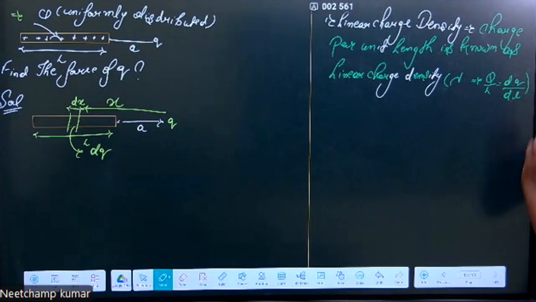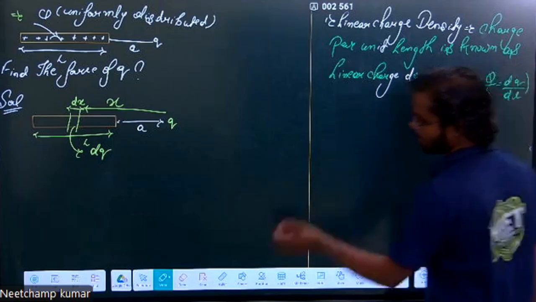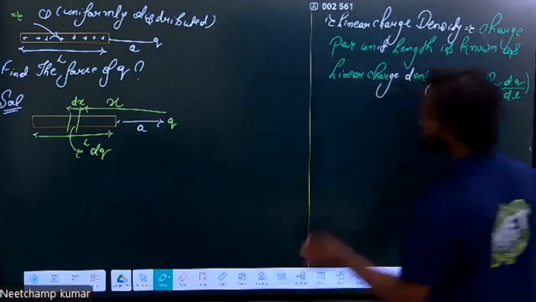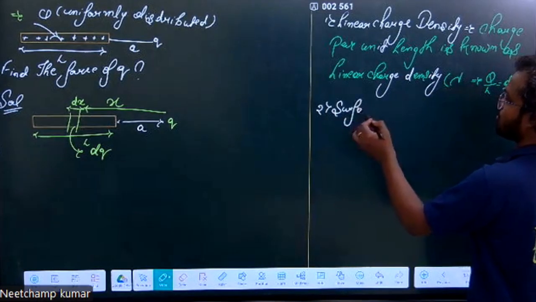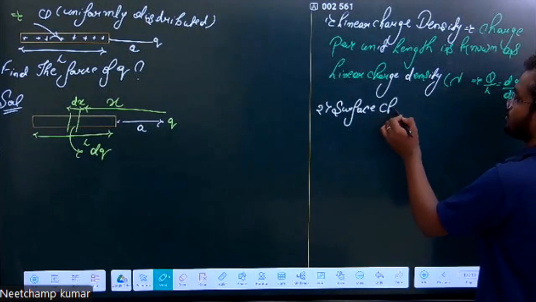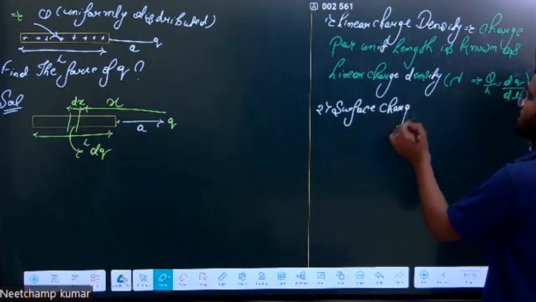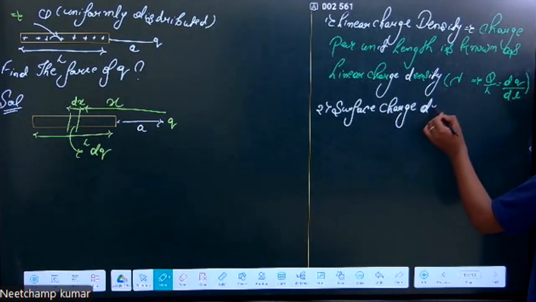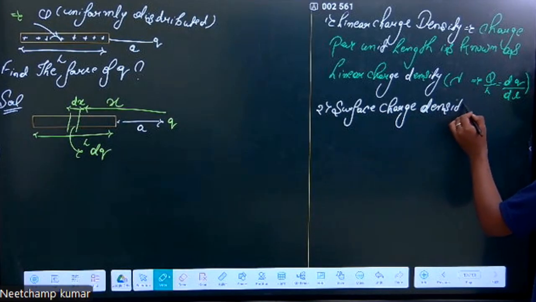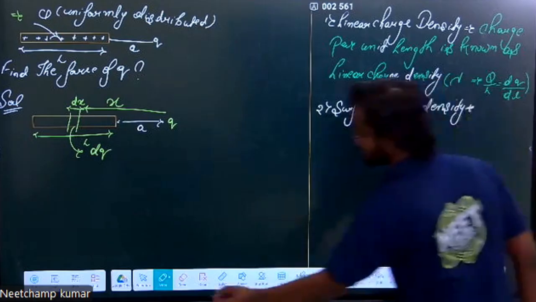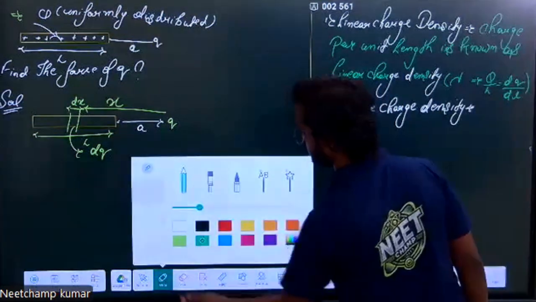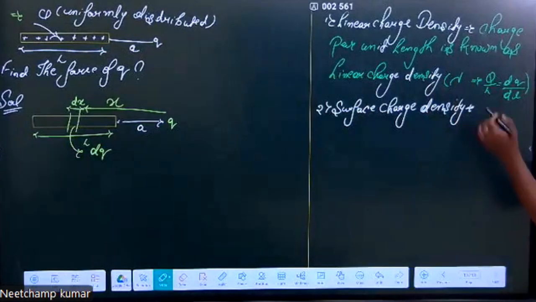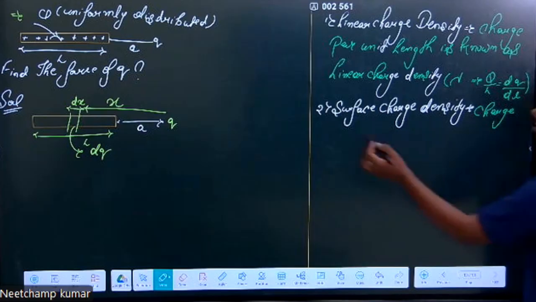For smaller dimensions. Similarly, we have another type of density which is called surface charge density. What is surface charge density? It is charge per unit area.